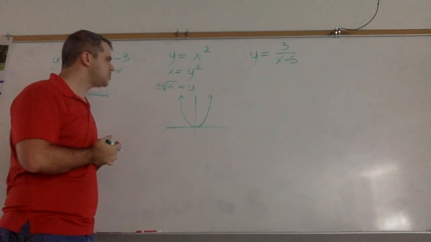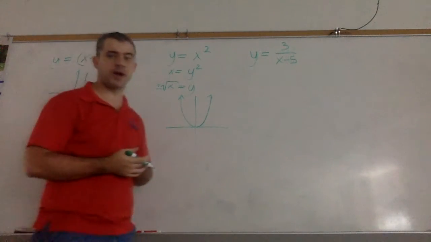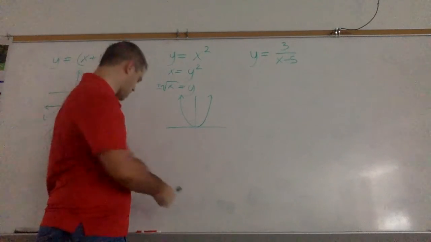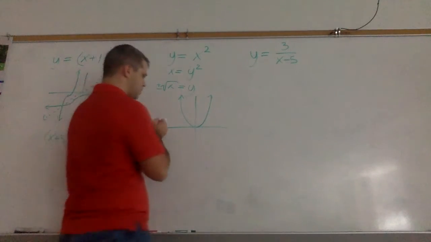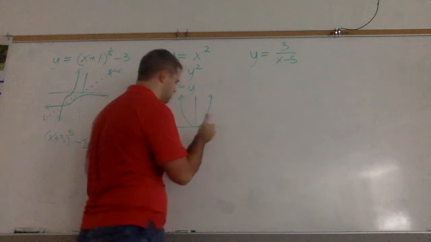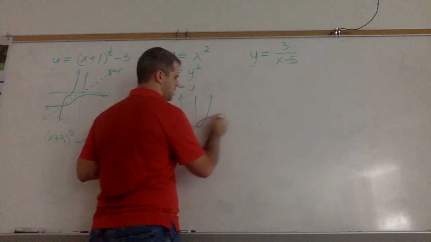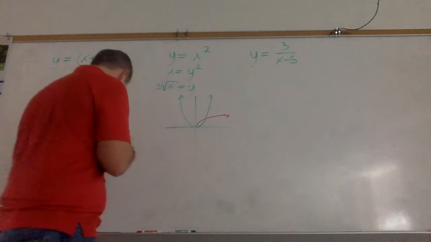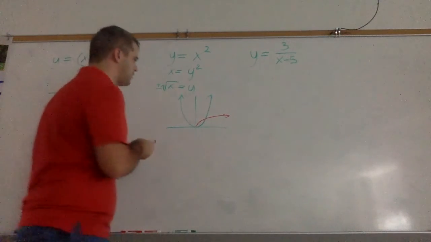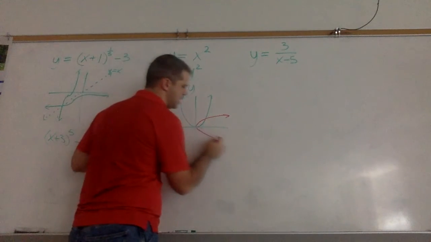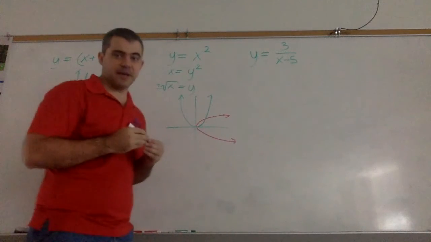All right, so here is my y equals x squared. Well, positive square root of x would be this guy. Negative square root of x would be this guy.